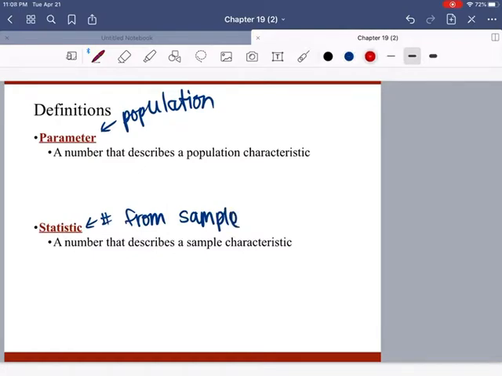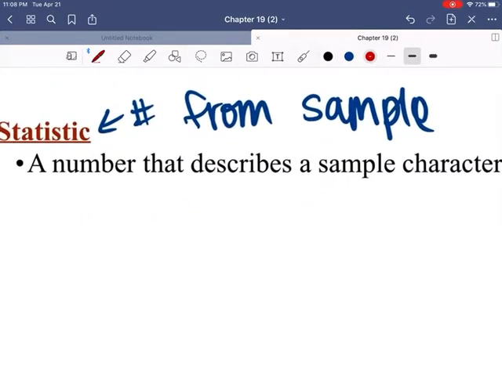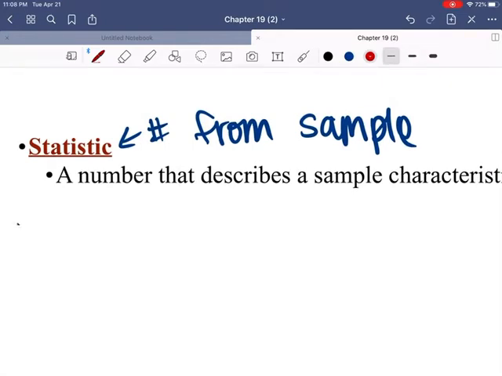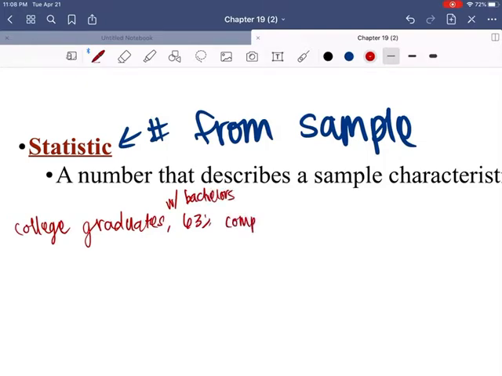So let me do another example here. Let's say 63% of college graduates with bachelor's degrees completed their bachelor's degree in 4 years.